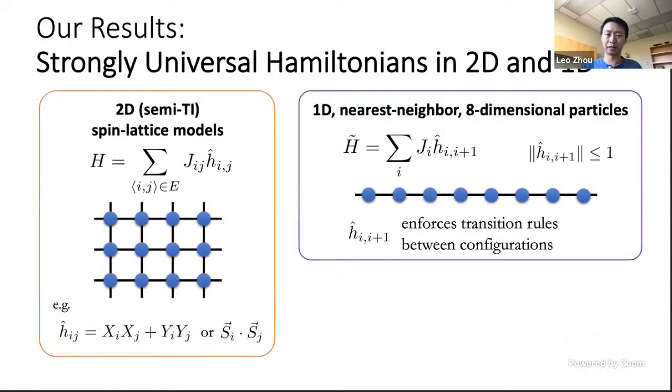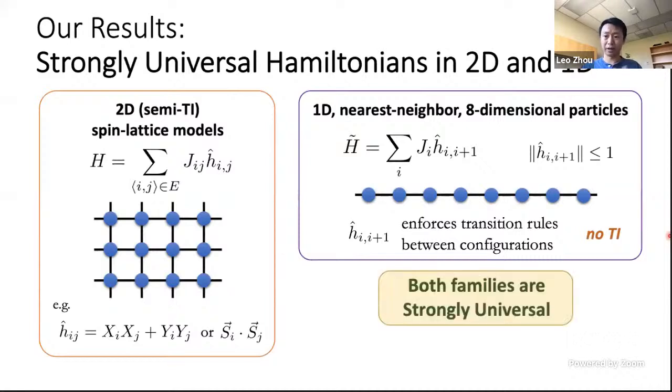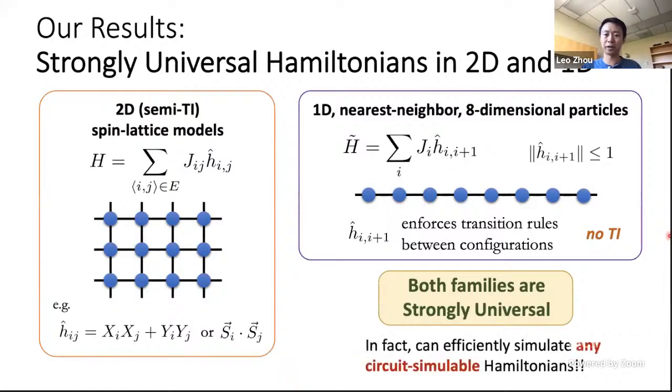Here, the nearest neighbor interaction enforces transition rules between configurations in a circuit computation, so there is no translation invariance in any sense in this case. As I said, both families are strongly universal, and they can efficiently simulate not only local Hamiltonians, but any circuit simulable Hamiltonians.